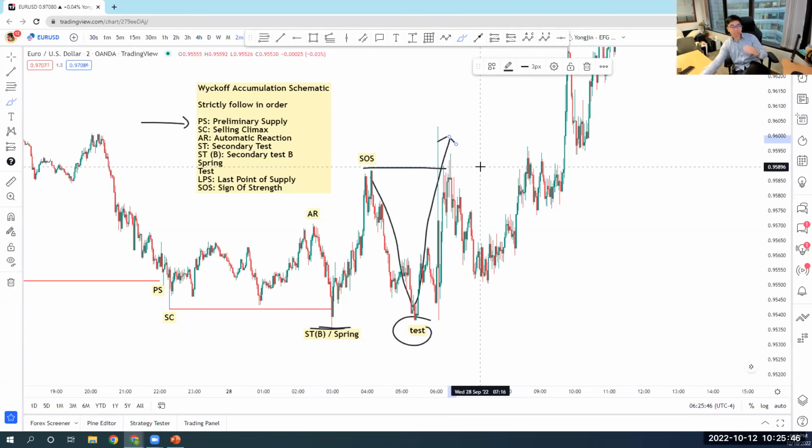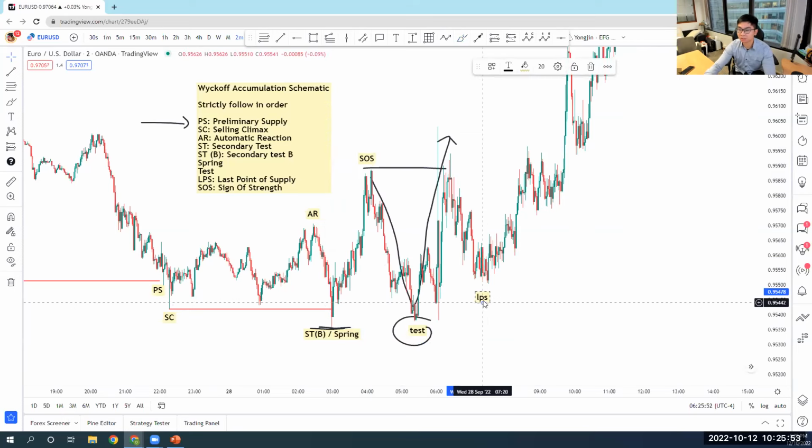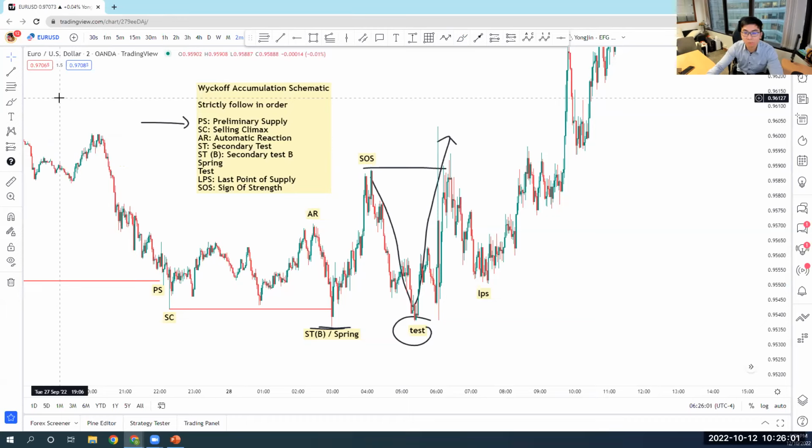How do we enter? This is where we start our entry. We start to enter on the LPS. But the huge problem is we cannot predict how low the last point of supply is. So you can enter however way you want. It's up to you. Some people use smart money concepts.